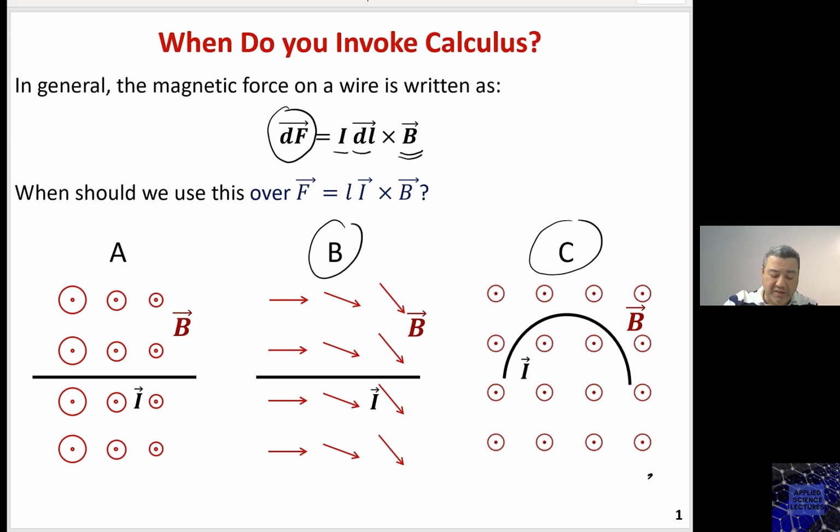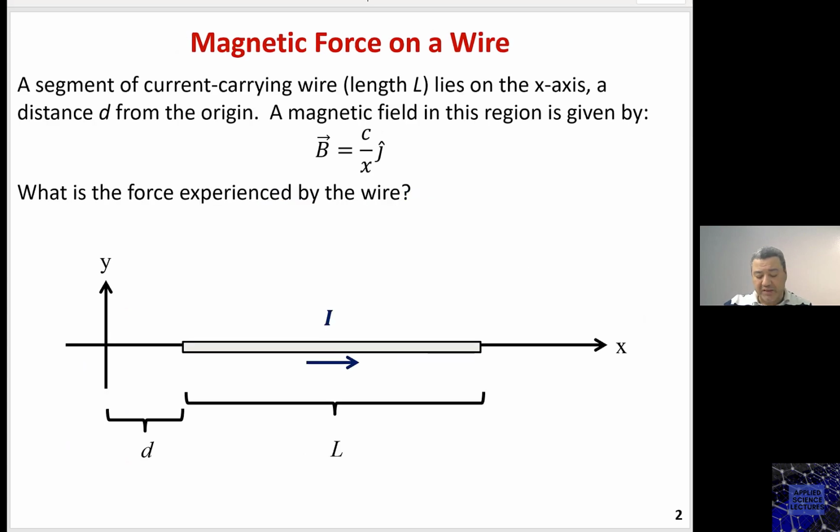So let's start with one of the cases where we have to use integration. We have a segment of wire that has a current I going through it. However, the magnetic field, represented by this expression, is a non-uniform magnetic field that is oriented along the y-axis and varies along the x-axis.